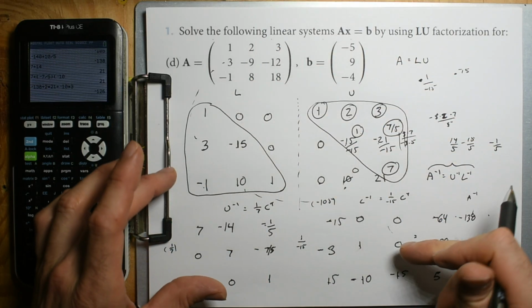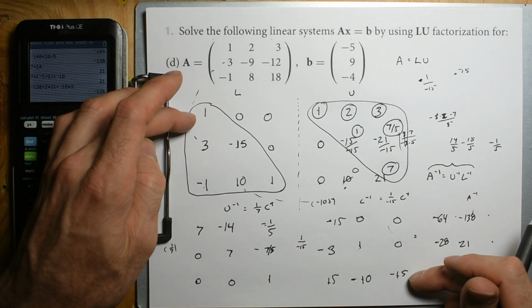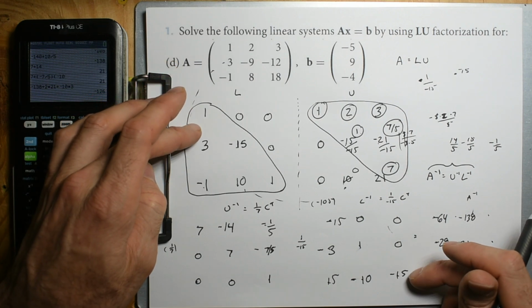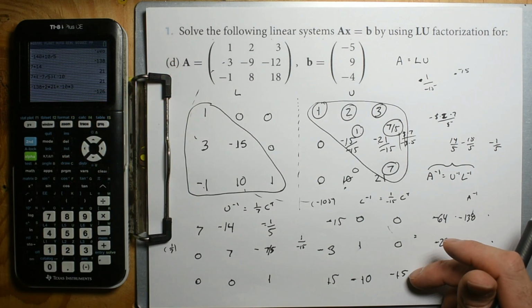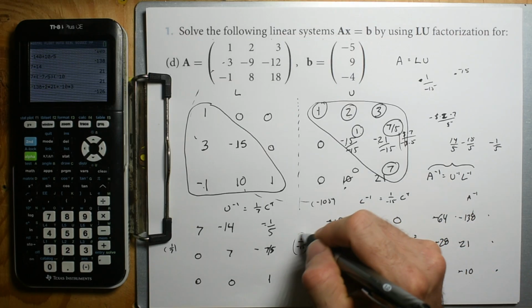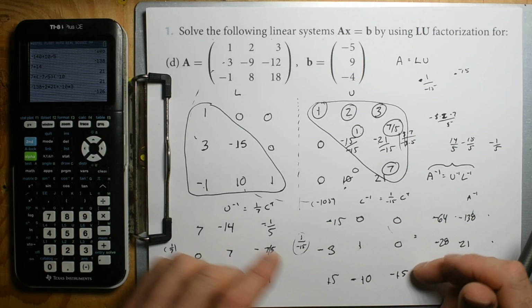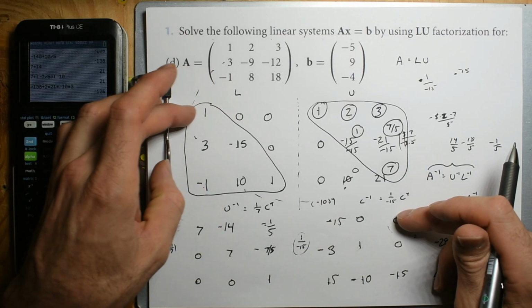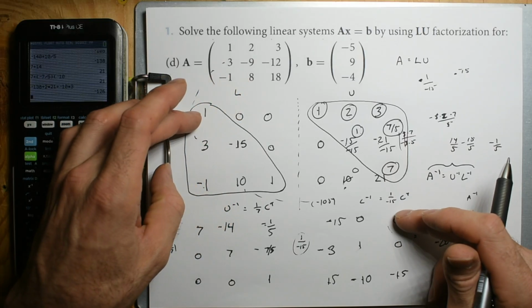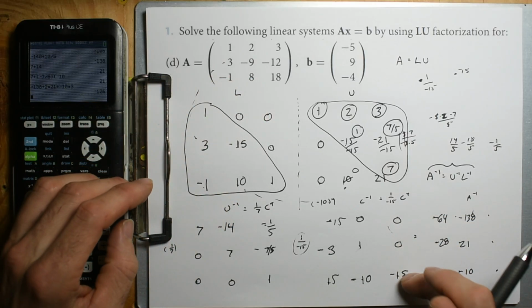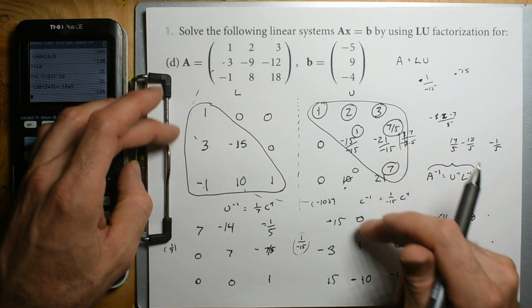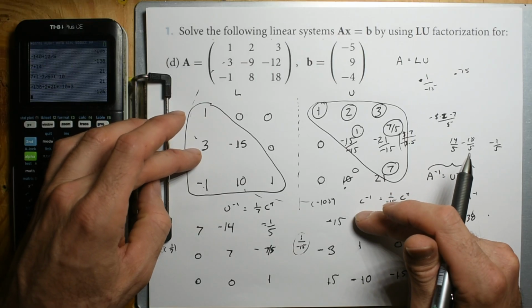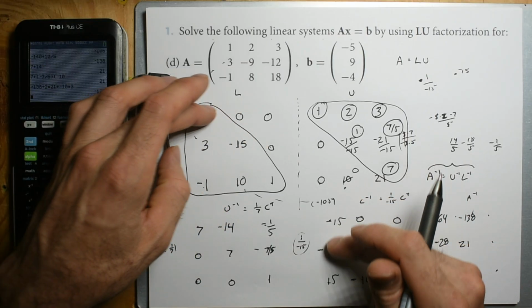Lower times inverse lower should add to the identity by a factor of 15. And so, you know what I mean? This value should be negative 15. This one would be negative 15, negative 15.